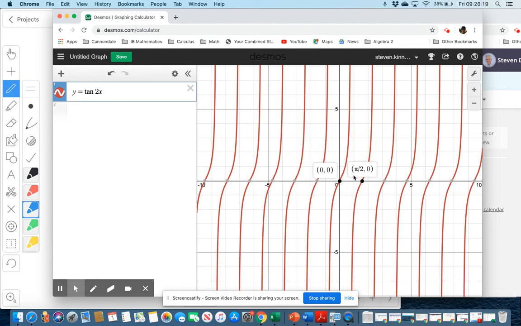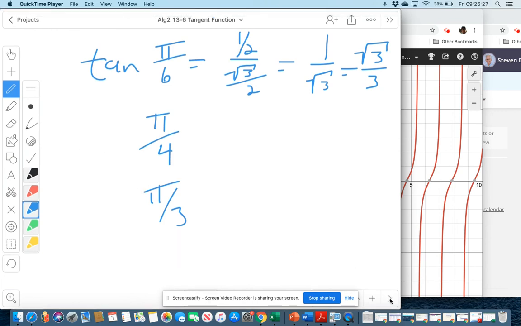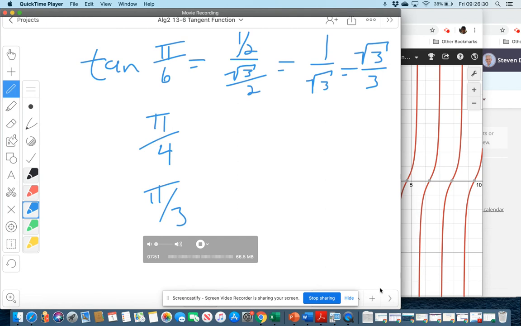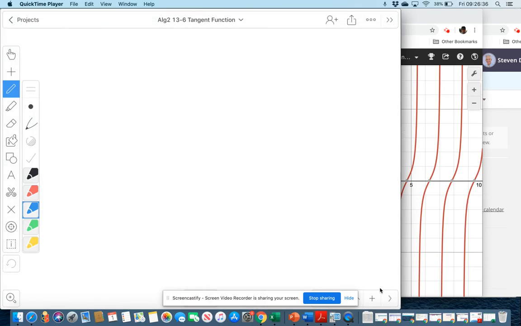And it's repeating itself every pi over 2. So again, the formula for period, so I'm trying to get a new page here, is going to be, as they said in the book, T equals pi over b, where the tangent function is defined like this.